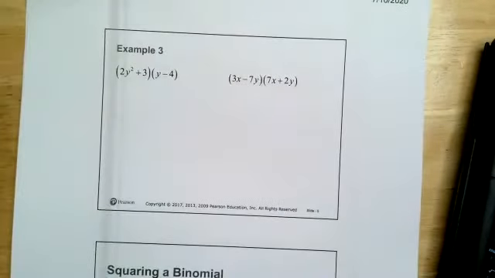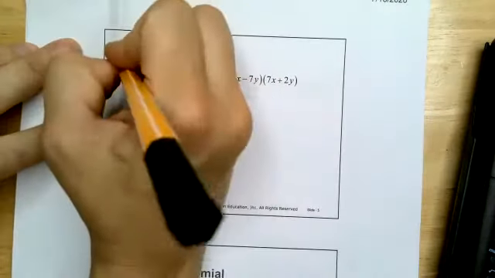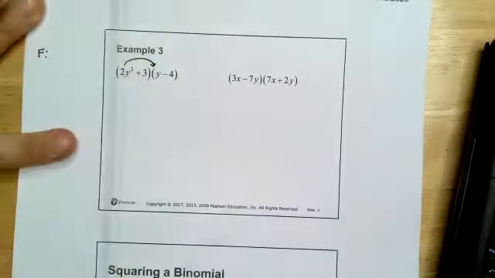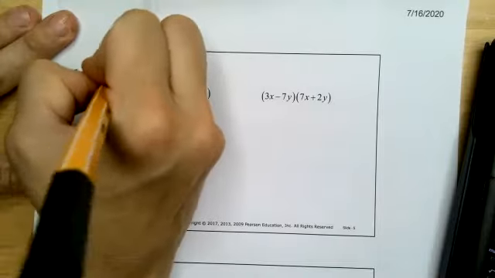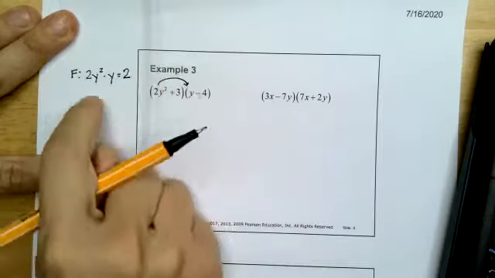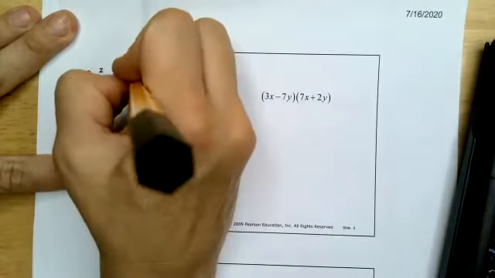All right, example 3. We're just doing more foiling. So remember, first in this case is 2y squared times y. The 2 doesn't change, but you're multiplying y's. So y squared times y becomes y cubed.